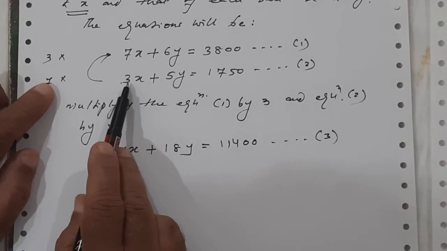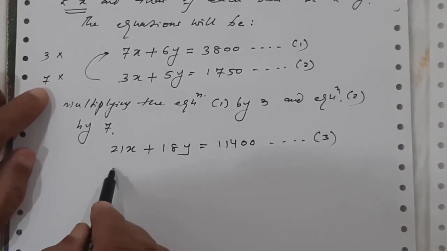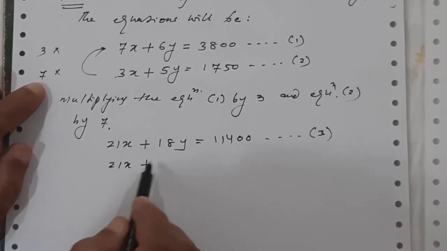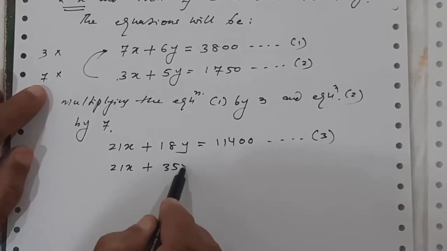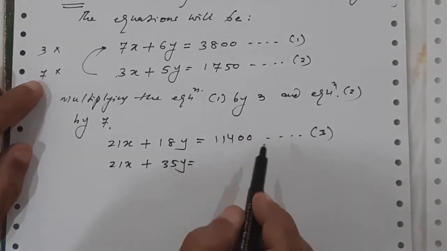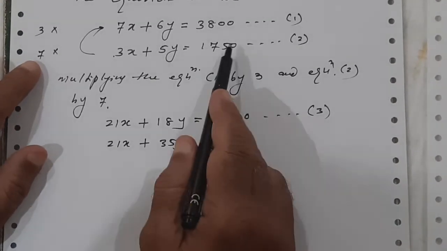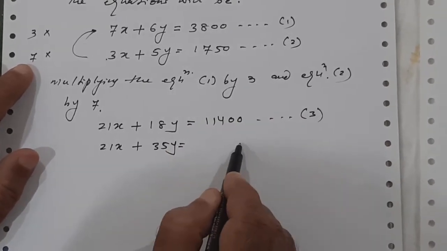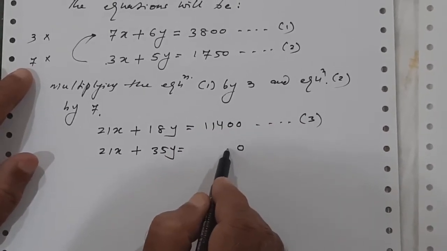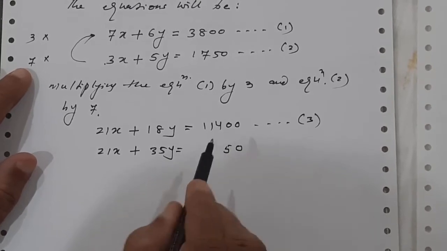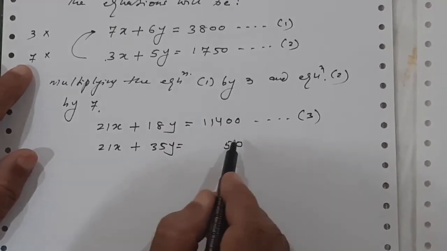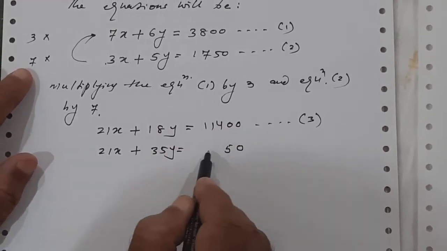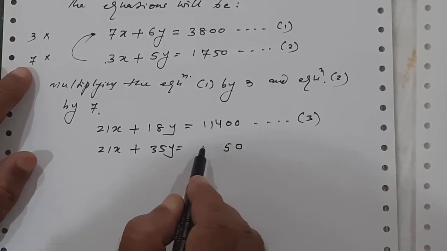Now multiply the second equation by 7. 7 times 3 is 21x. 7 times 5 is 35y. Multiply 1750 by 7. So 0. 7 times 5 is 35, 3 carried. 7 times 7 is 49, 49 plus 3 is 52, and 7 times 1 is 7, so 12250.